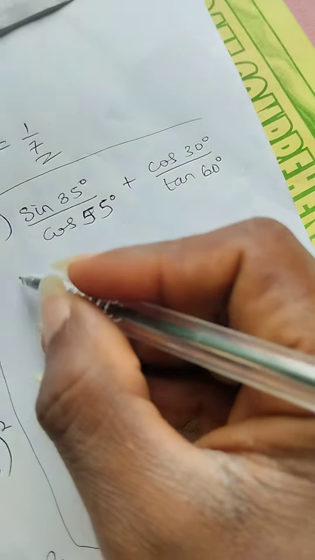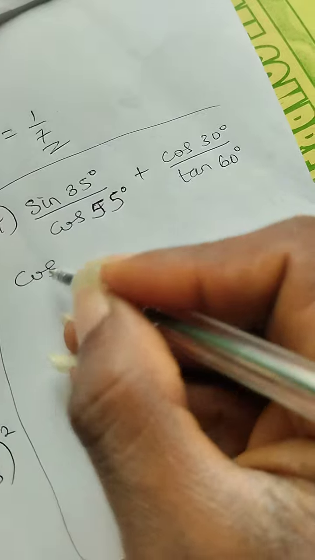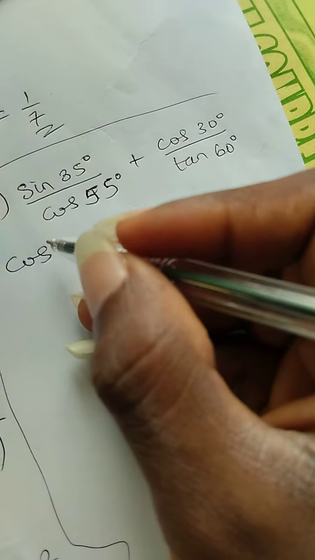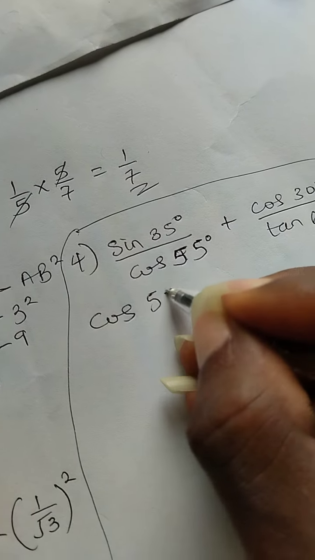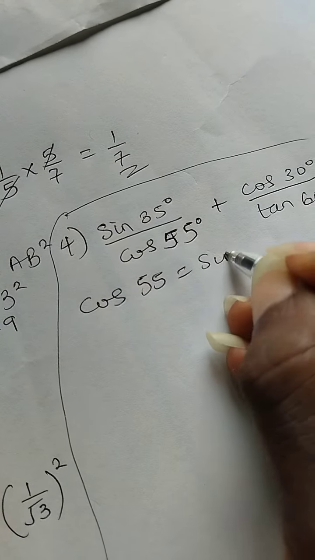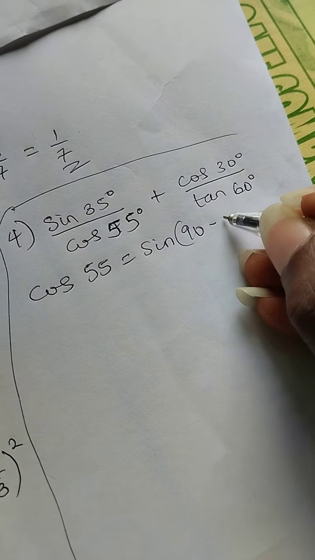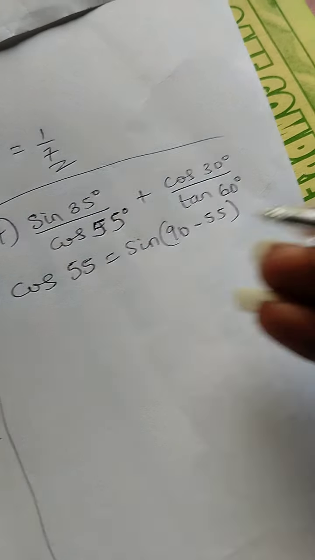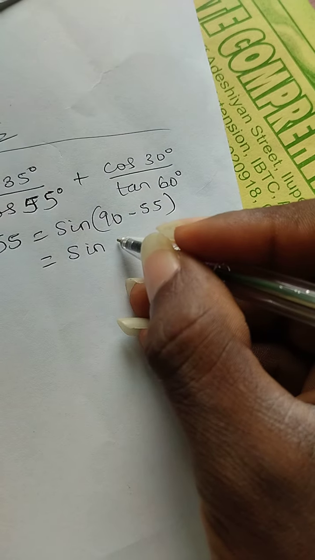So don't forget that your cos 55 can also be written as sine of 90 minus 55, which will result in sine 35 degrees.